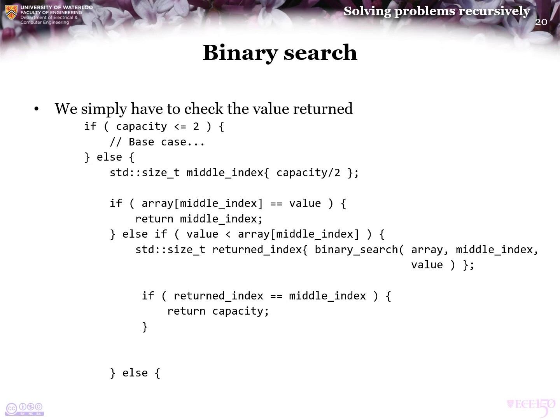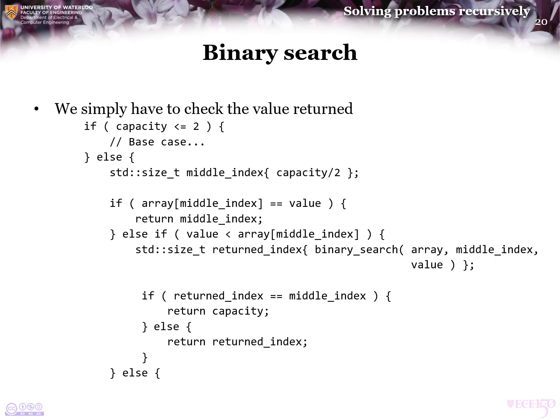We will now check, is the returned index equal to the middle index? Well, if so, this means that the value was not found in the first half of the array, and therefore it's not in the array with the given capacity. So we will return capacity to flag that it's not in this larger array either.